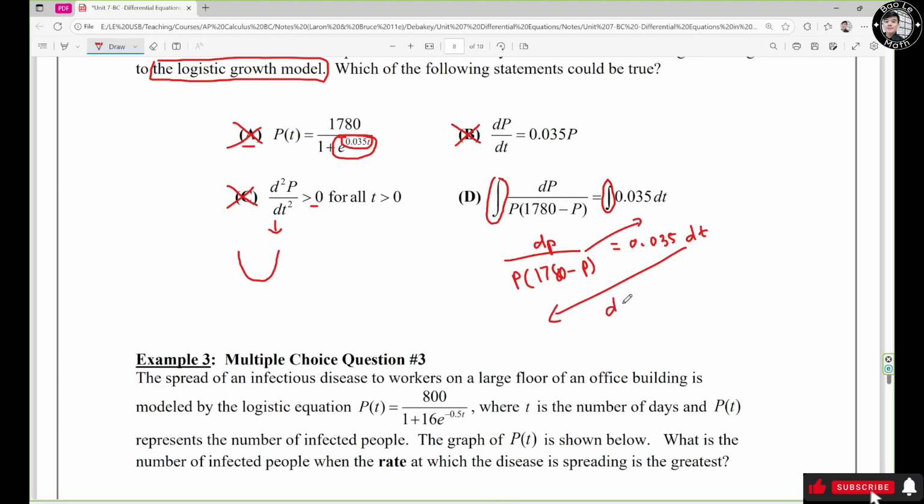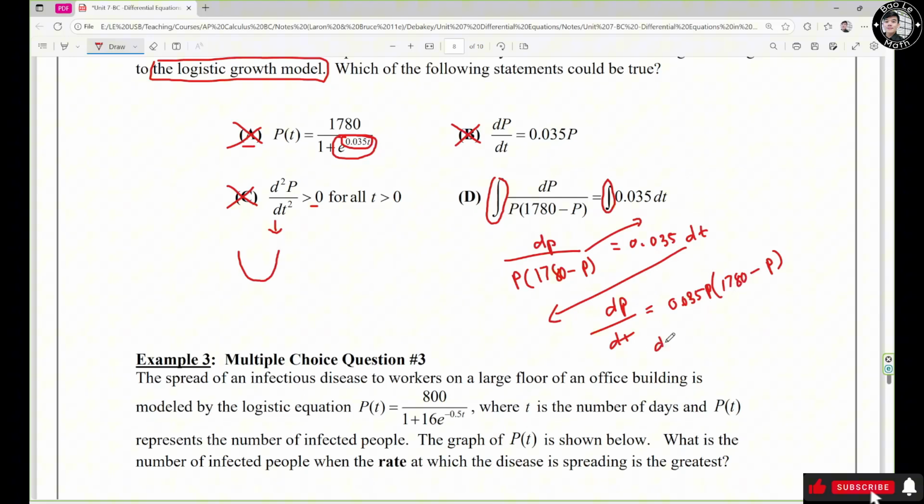So it's going to be dp over dt equals 0.035 times p times 1780 minus p, right? Alright, I'm gonna factor 1780 out.